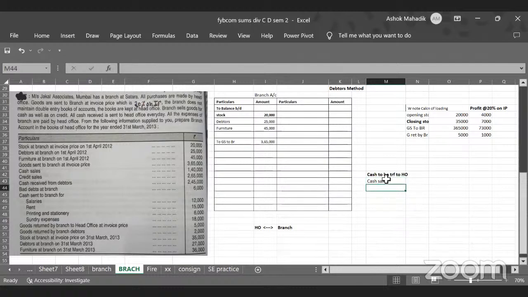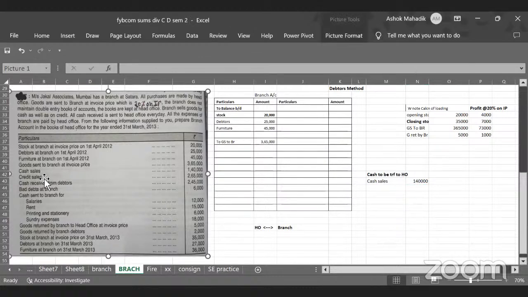So we will keep a track how much cash branch is collecting. So we will pass one entry to transfer it to head office. Okay. So for time being, I'll record as a working note item. Next, credit sales. Again, this is between branch and its customers.